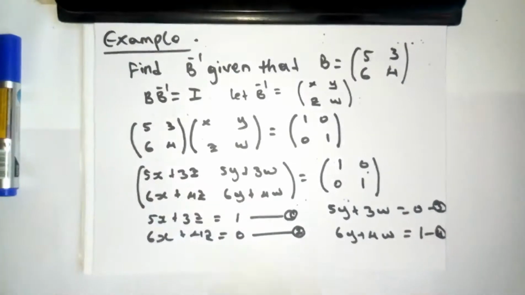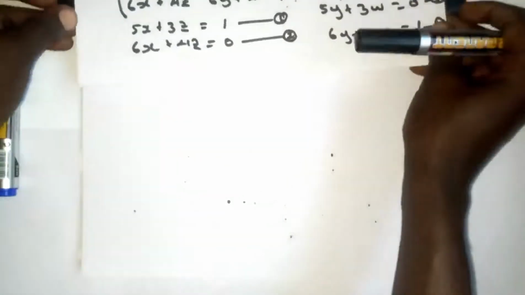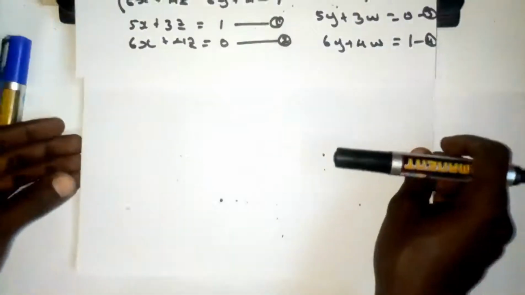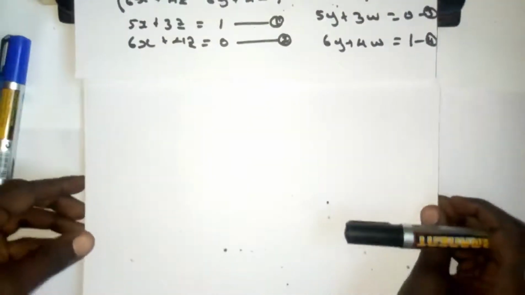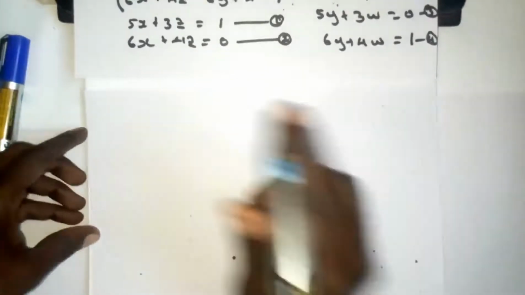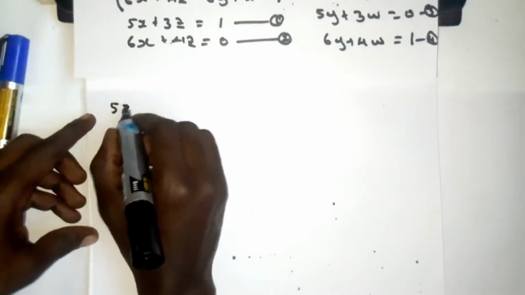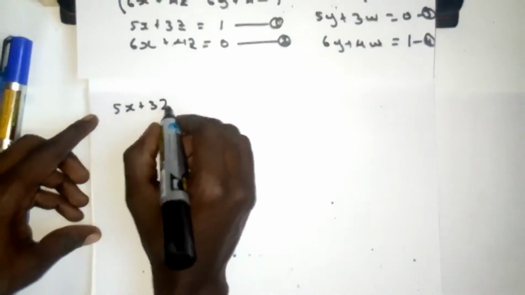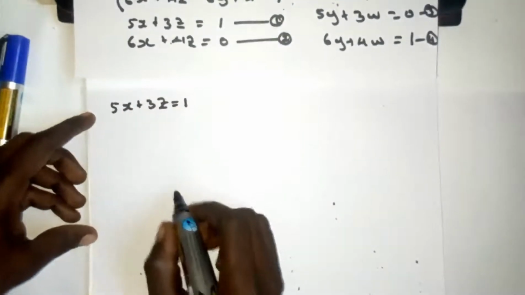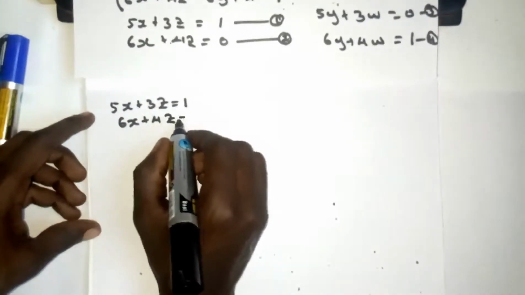So from there I can solve these equations simultaneously. If we are to solve those above equations simultaneously, I'm going to have 5x plus 3z as 1, then 6x plus 4z as a 0.